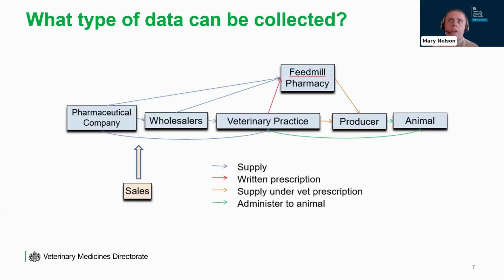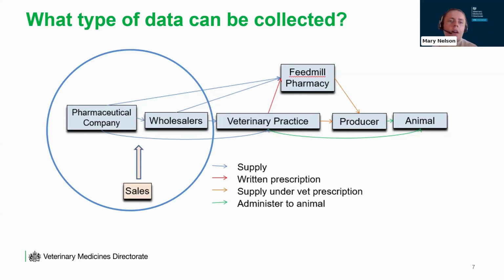This is a diagram of the flow of a product being created through to the point when it's used in an animal. There are different points at which we can collect data. The first is sales data at the beginning, which can be collected from the pharmaceutical company or the wholesaler.